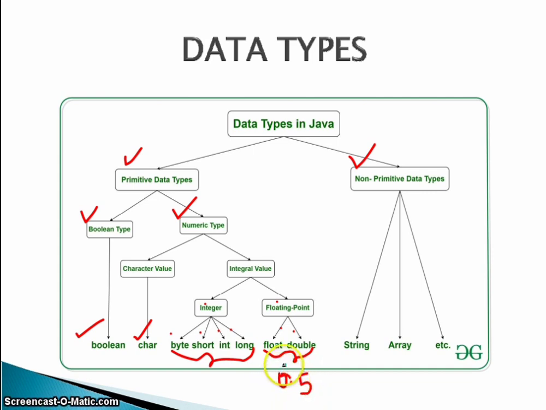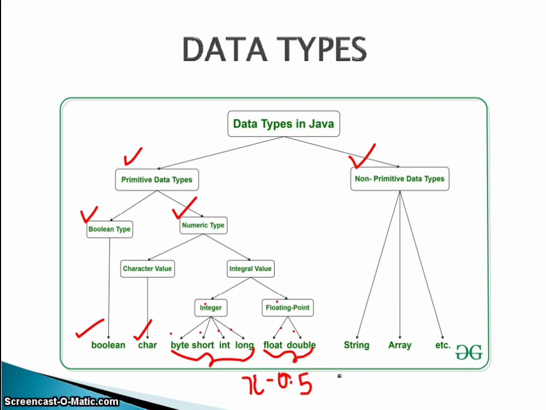So I have to use a variable, any variable I can use. Suppose x, variable x is equal to 0.5. I have to use one of the data types, that is float or double. I can use any. I'll be using double. Double x is equal to 0.5.